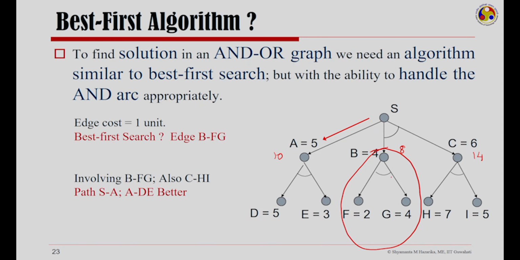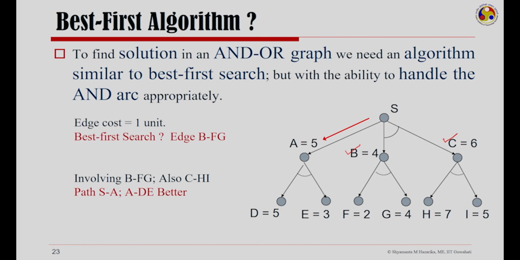So, possibly this is the best, but the question is, is it true? If you look more closely, you will realize that even if this path has a cost which is lowest, involving this path in this solution would also mean that I have to involve C, and therefore, this cost would be added.